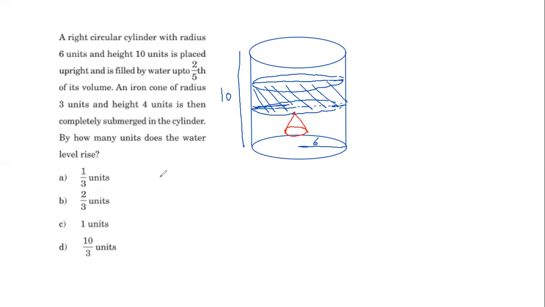So I can put an equation like this: I'm only focusing on the volume of the water which is raised, that means this portion. Let's say the height of this portion is h, which I need to calculate. That will exactly be equal to the volume of the cone submerged, because this rise in the water is happening because of this submersion of the cone.